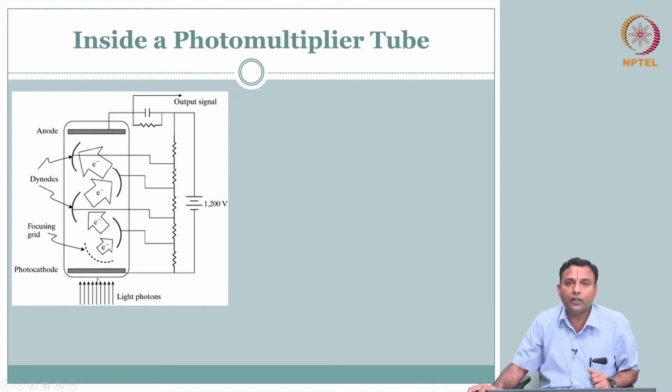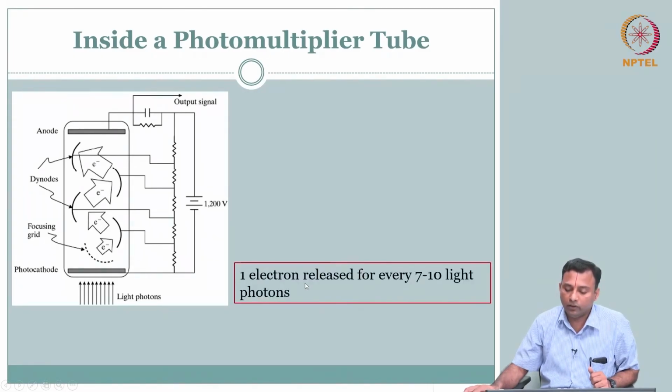Here, for every 1 electron that is released at the photocathode, it takes about 7 to 10 light photons. So in come about 7 to 10 light photons, and when they hit, you get 1 electron given out by the photocathode.